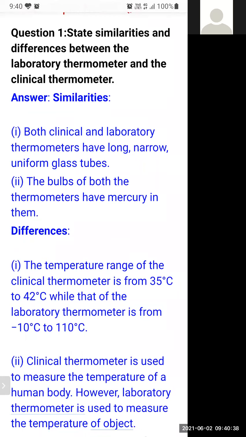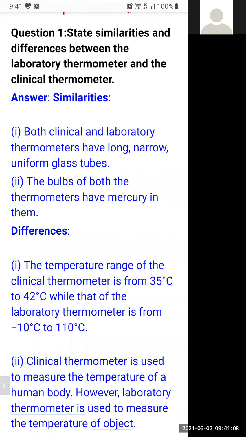We cannot measure below 35 or above 42 degrees Celsius with a clinical thermometer. Next, the range of a laboratory thermometer is minus 10 to 110 degrees Celsius. Within this range we can measure the temperature. So this is the difference.